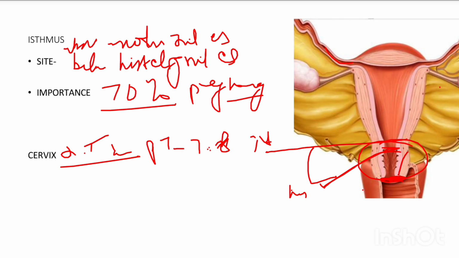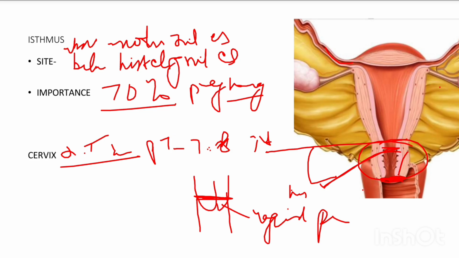Now it is divided into two parts, called the supravaginal part and the vaginal part. As you see, this is the vagina. Okay, this is the cervix. The part which enters into the vagina is called the vaginal part, and above the vagina this part is the supravaginal part.